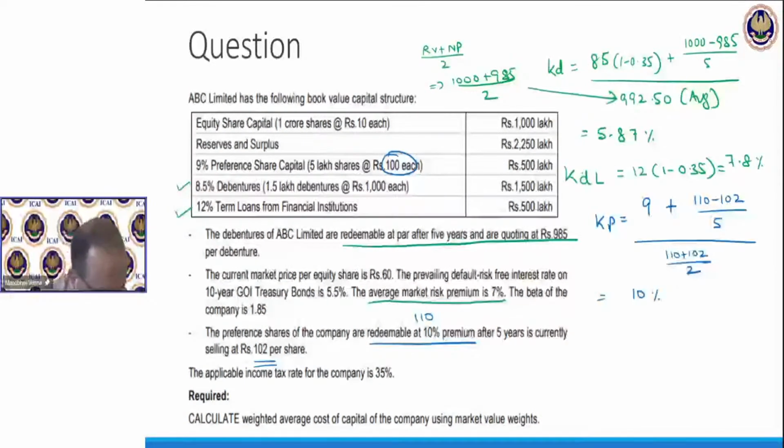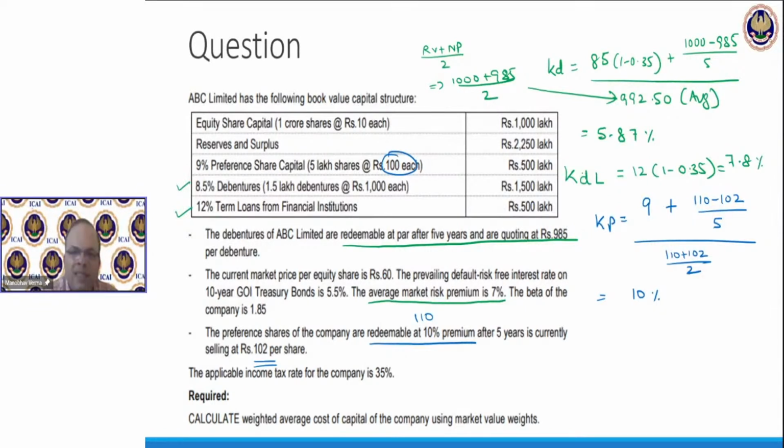Okay, I can see some responses, 10%. That's 7.8, right? Not 7.32. 7.8, I guess. I hope everyone is done with the cost of debentures, cost of preference shares, and cost of long-term loans.